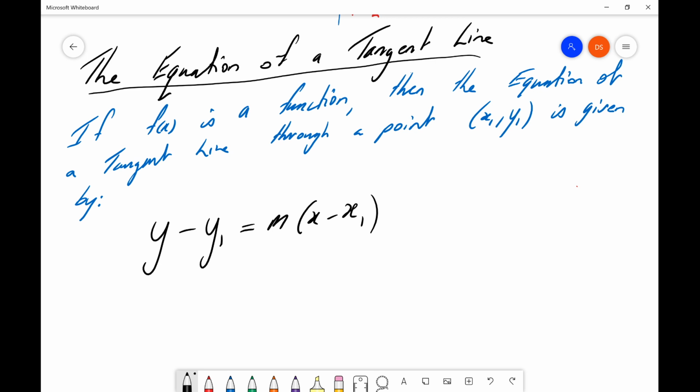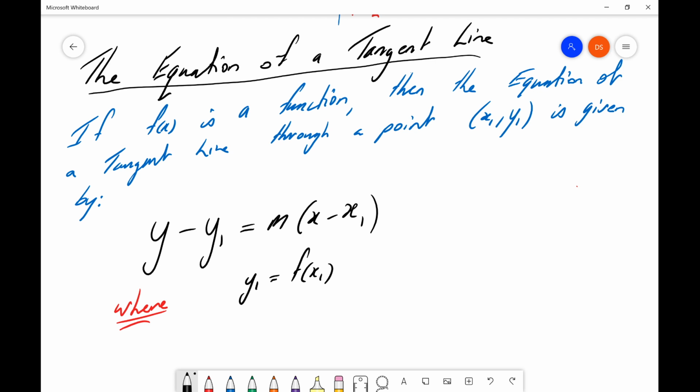Really key important information now, where y1 is equal to f of x1.